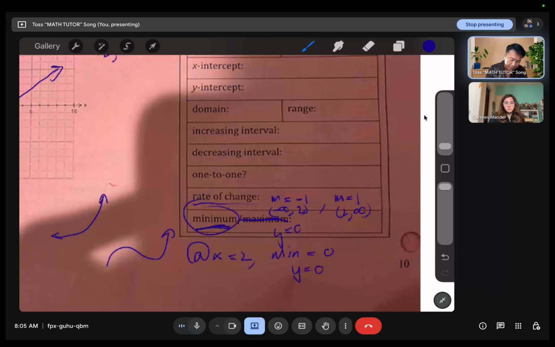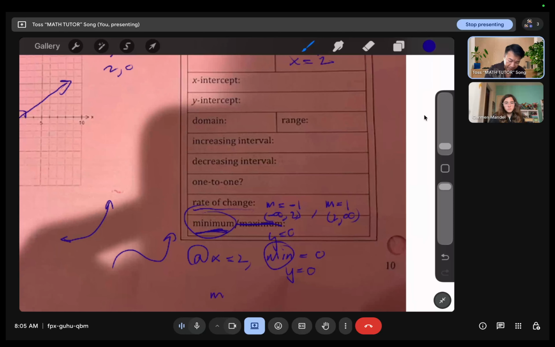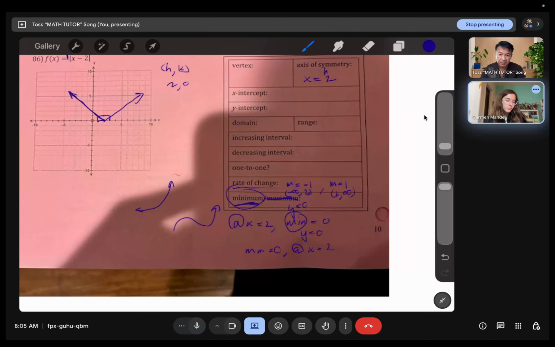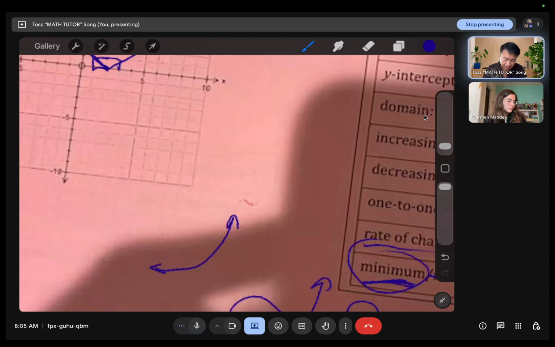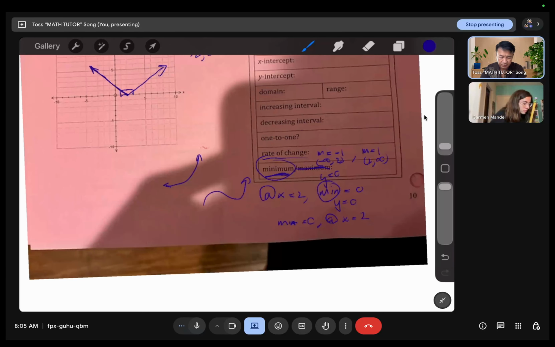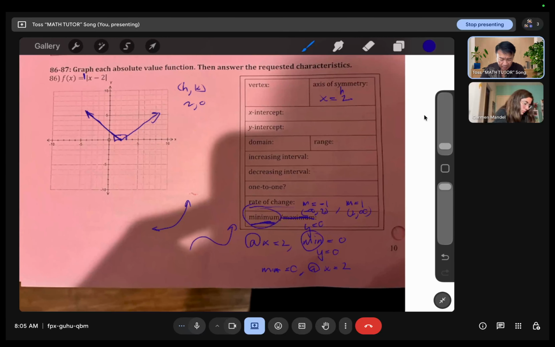But I think you have to state min equals 0. And then you can flip them: min equals 0 at x equals 2. So I think this is what your teacher was thinking at the time when you missed something. This is technically how you do it in pre-cal. If you have min, you write min. If you have max, you write max.